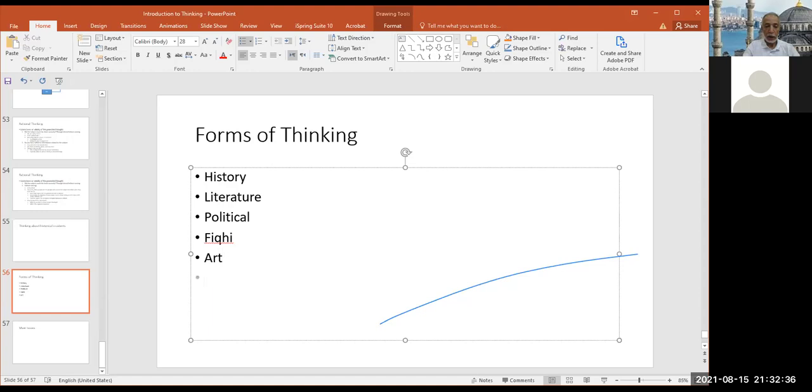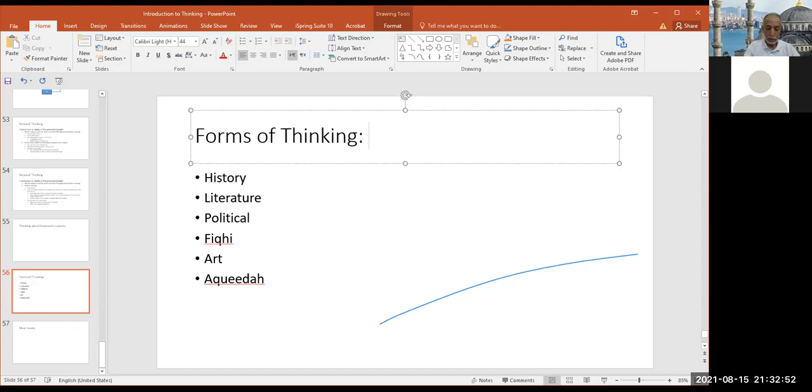One, of course, the major one, which I will be talking about next, is Aqidah. I think there are four more. There are 10 forms. I forgot them now. I had them enumerated in my outline, but one of them is about history.